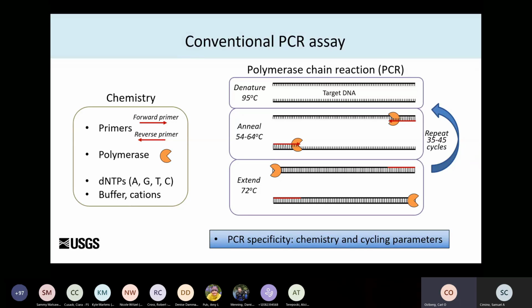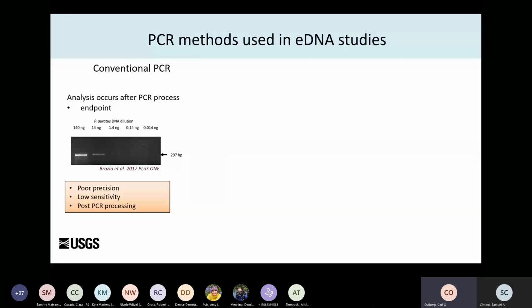That is, there's a doubling of product every cycle until the reagents become consumed and amplification eventually plateaus. Again, this slide just represents conventional PCR, but I think it's a really good background to have to get us moving forward. Okay, so let's talk about some PCR methods that have been applied to eDNA now.